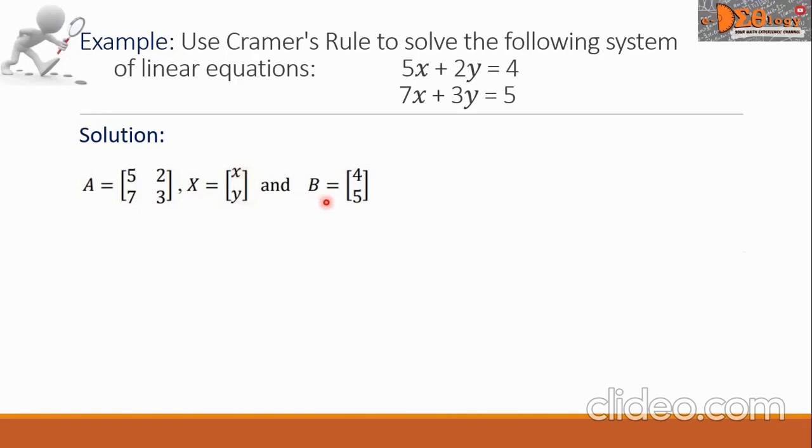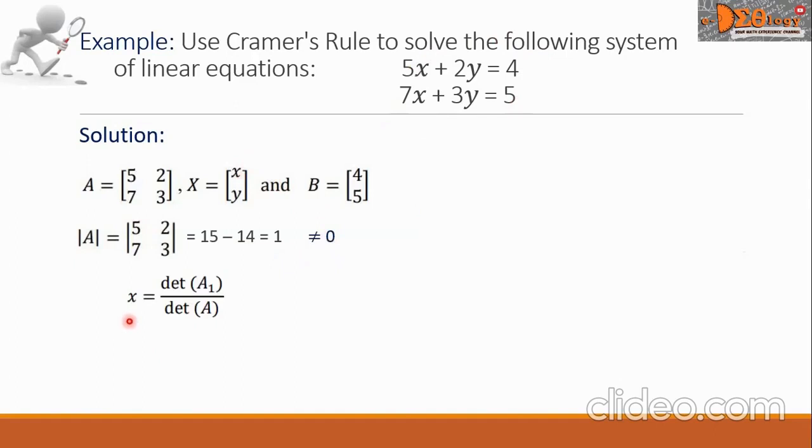Matrix B equals the column matrix of constants 4, 5 respectively. Let us compute the determinant of A. So this is 5 times 3, 15, minus 7 times 2, 14. 15 minus 14 is equal to 1, and we say that, of course, this is not equal to 0. Therefore, the values of x and y are defined.